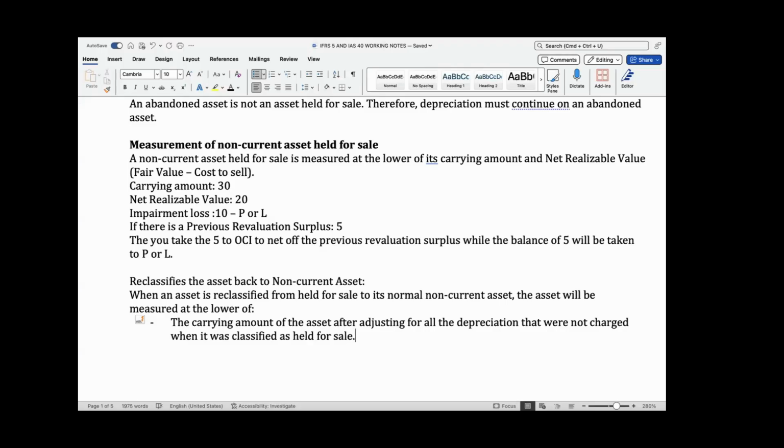So at the date you want to reclassify it back to its normal non-current assets, you ask yourself, what was the carrying amount at that date? Let's say it was this 20.